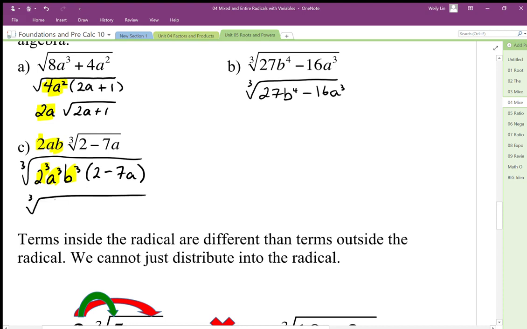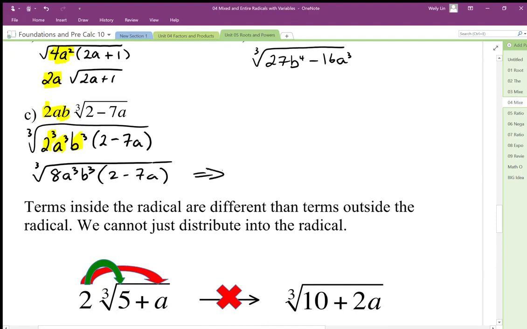Once I've done that, I can leave it like that, or I can take that factor and actually multiply it into the brackets inside the cube root. So I end up with cube root 16a cubed b cubed minus 8 times 7 is 56a to the 4th b cubed. Okay, and these are equivalent expressions.